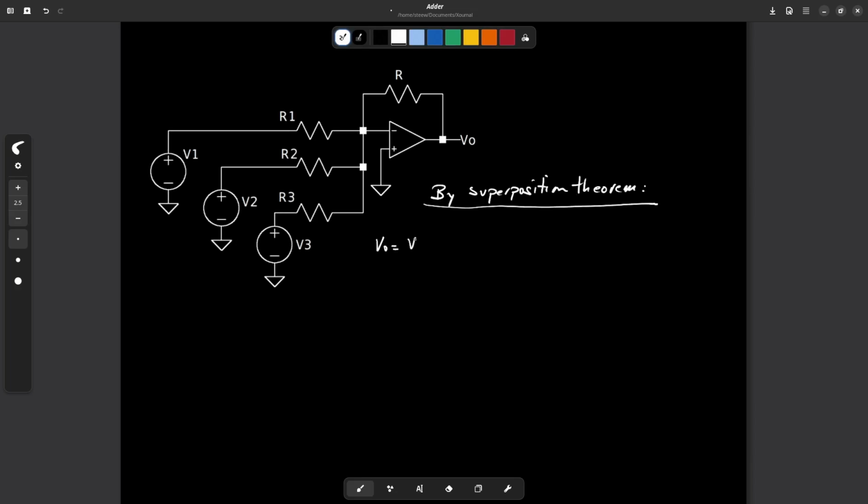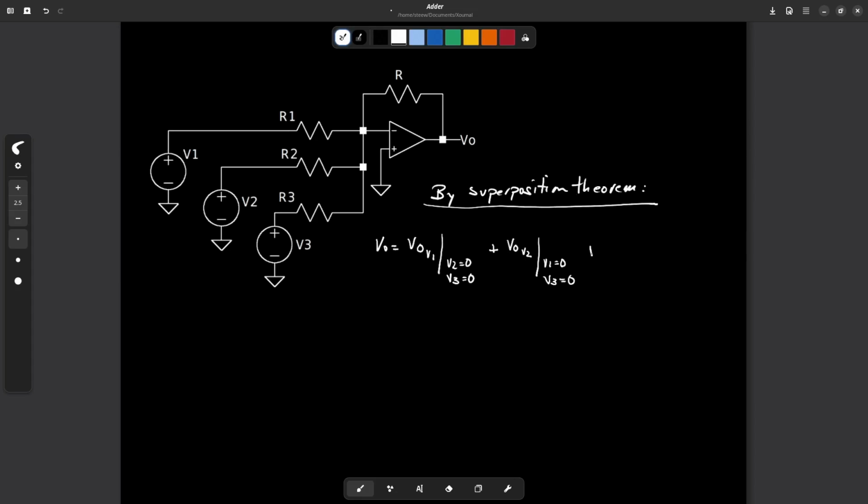due to the contribution of, we are going to call it V0 due to V1, nullifying V2 and nullifying V3. And we add the contribution to V0 due to V2 with V1 nullified, it means V1 equals 0, and V3 nullified.